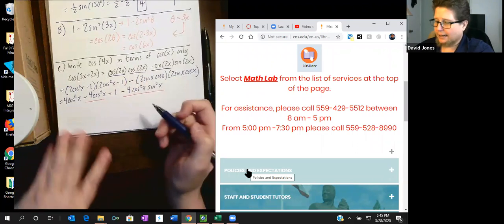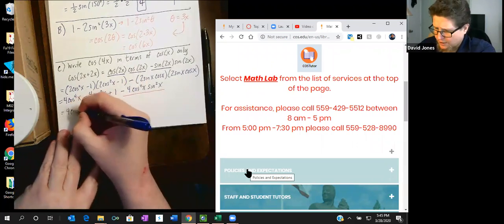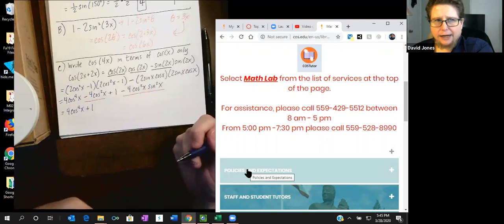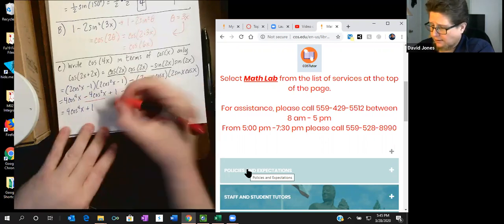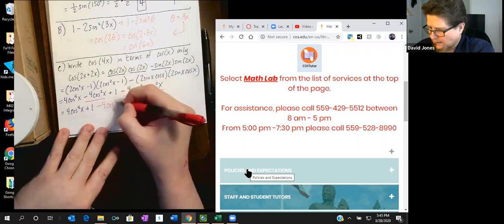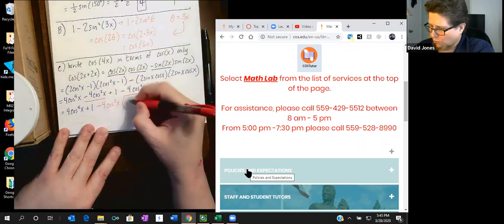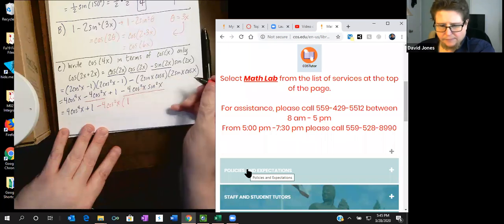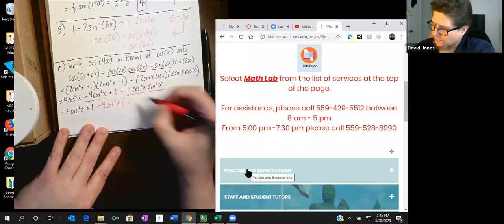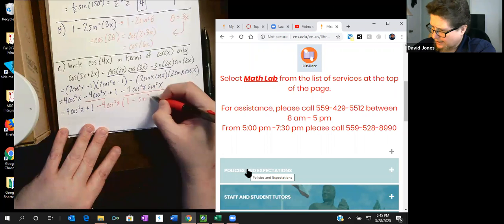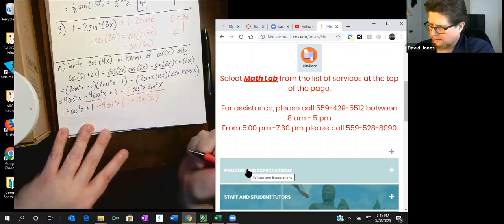Can we do anything with that? I'm going to move the other ones that don't have the red underline in front. I'm going to factor out that negative 4 cosine squared x. If I take it out of the first one, I have minus 1 or 1. And I take it out of there, I have sine squared x there. Something's off.